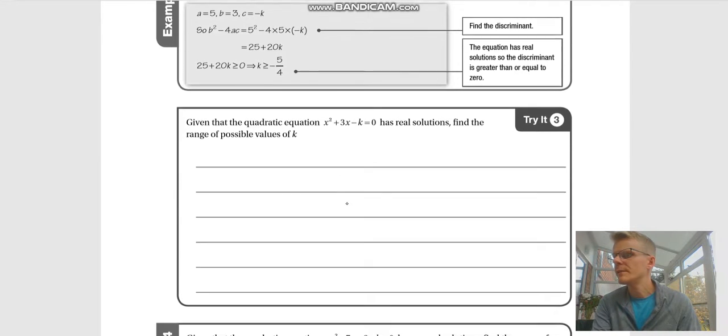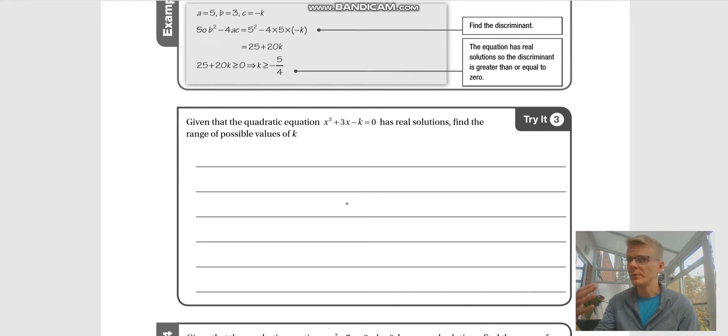For the next question, given the quadratic equation has real solutions, find the possible values for k. It has real solutions, plural, not singular, so this time b squared minus 4ac is to be greater than 0. Popping stuff in, we've got a, b and c.